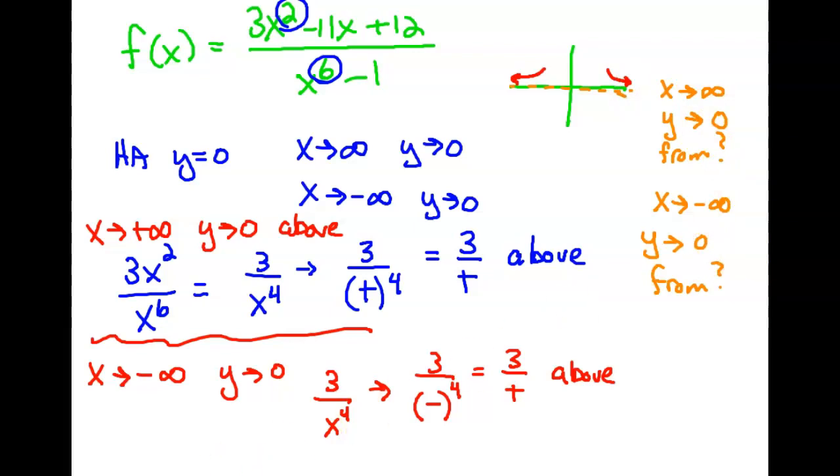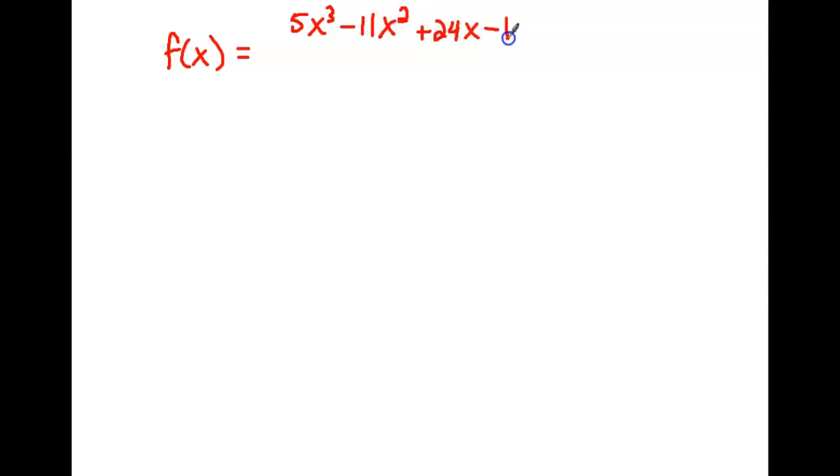So let me do another example. I'll do one that has an odd exponent in the end. So if you turn your paper over, you have f of x is equal to 5x cubed minus 11x squared. And actually all this stuff that's on the end of this doesn't matter at all.